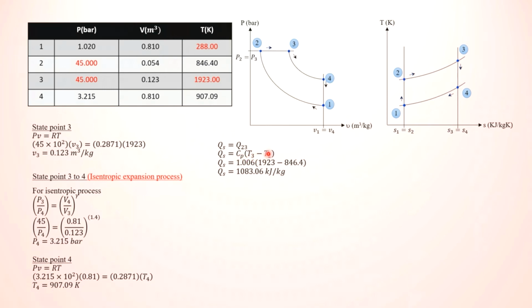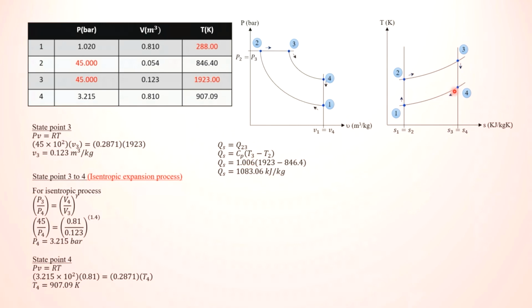Remember, during a constant pressure process, in the non-flow or steady flow energy equation, you will be able to find the heat flow by converting H to CpT. That is why you have Cp(T3 minus T2). So you have found heat supply here, with the temperature in Kelvin. Cp for air is standard, 1.005 or 1.006.